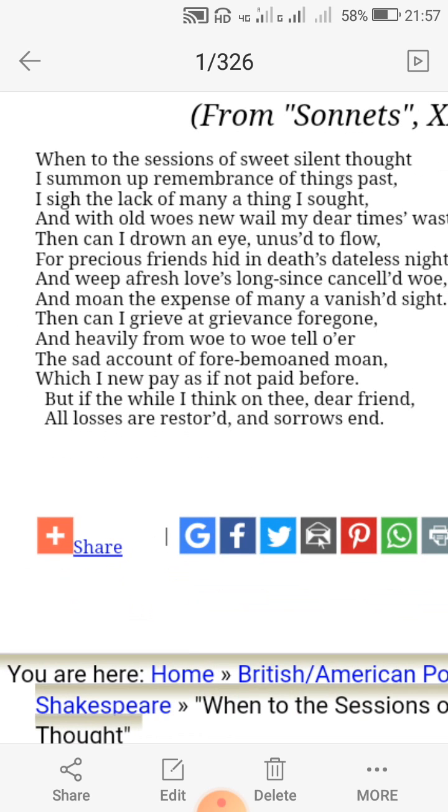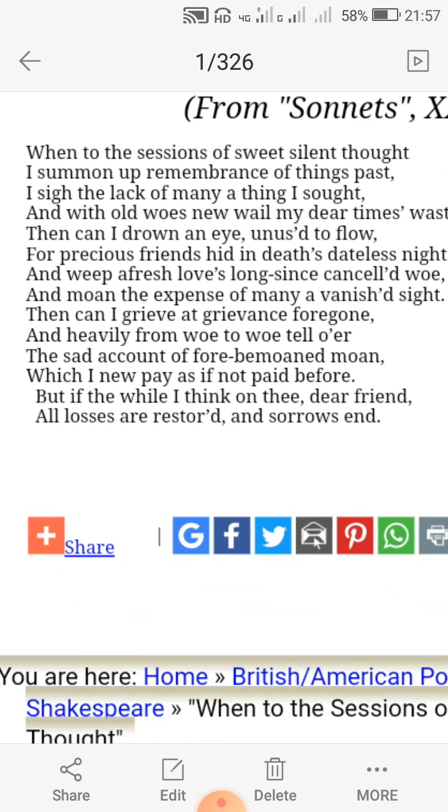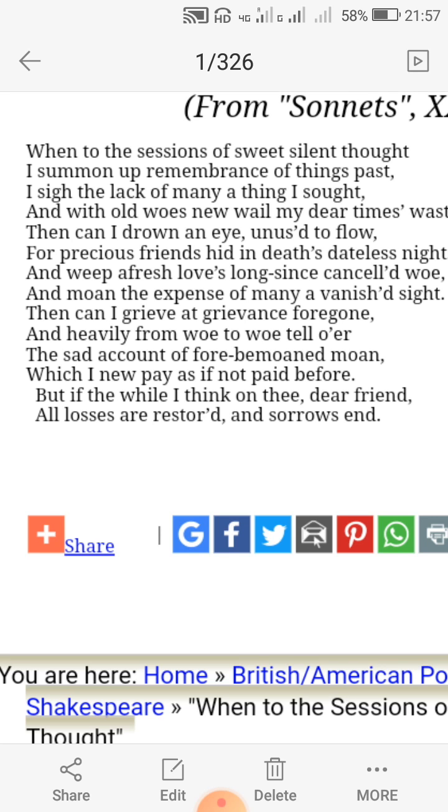He could not utilize his time, and that is a kind of lacuna, we can say, that remained in his past. But that lacuna is being remembered now, and the poet becomes sad again and mourns the expense of many a vanished sight.